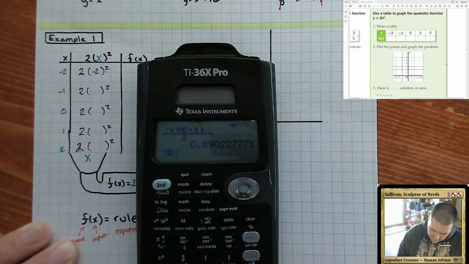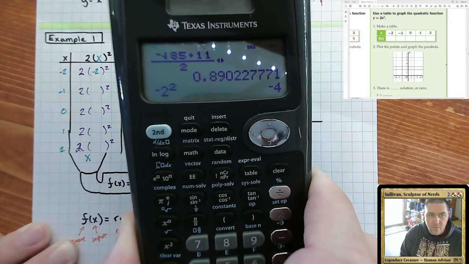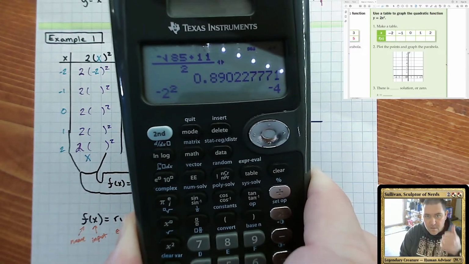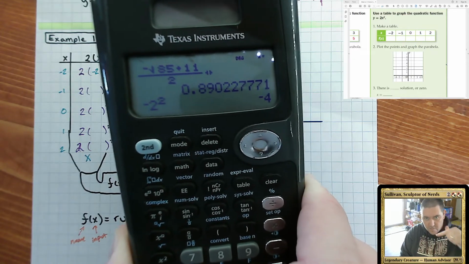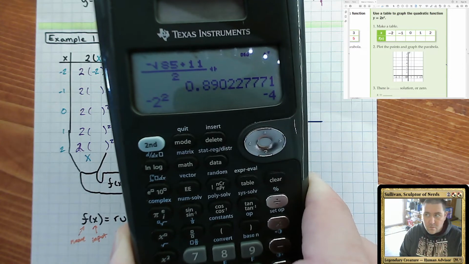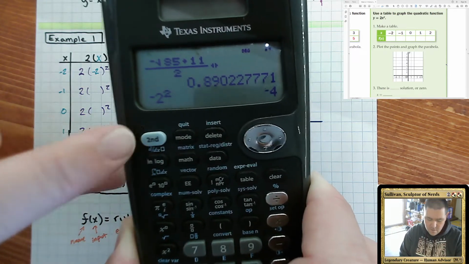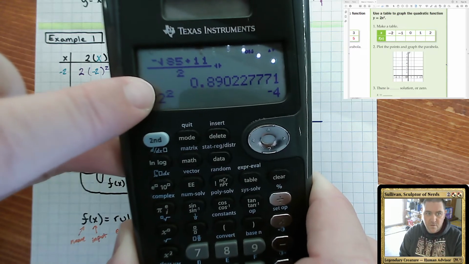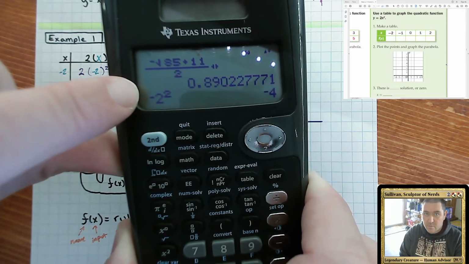If I take -2 squared and I don't use parentheses, it tells me -4. Because remember PEMDAS: parentheses, exponents, multiplication, division, addition, subtraction. Parentheses come before exponents, and exponents come before multiplication. So this just took 2 squared, because exponents first, and then multiplied it by a -1.